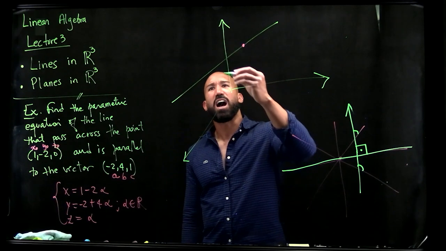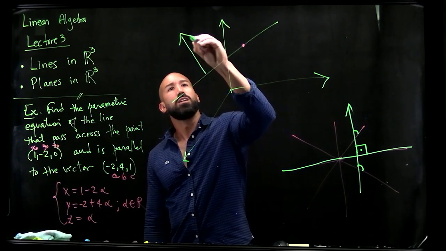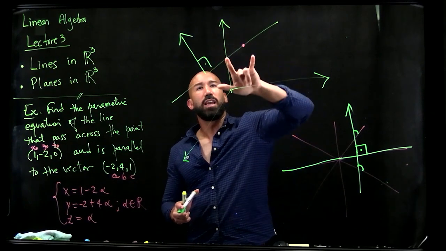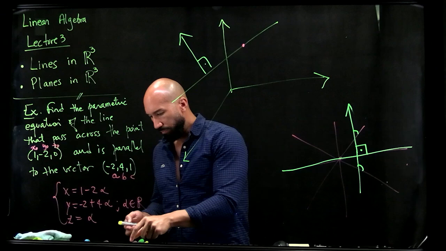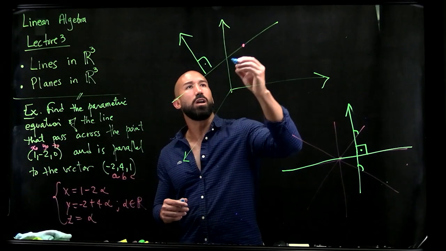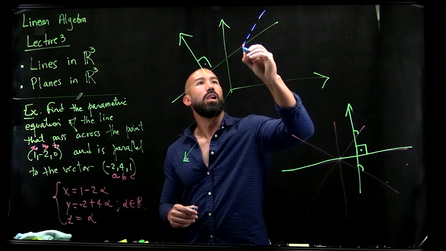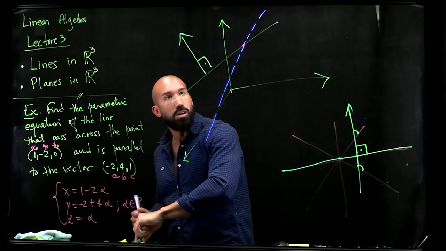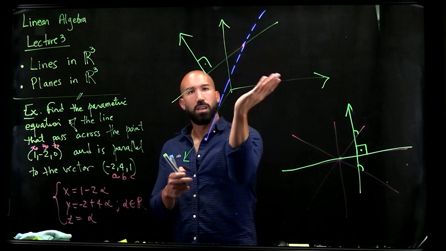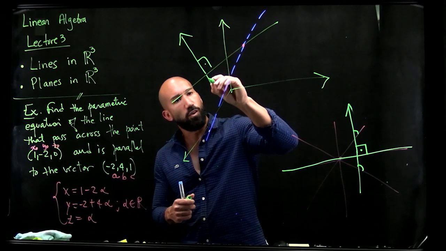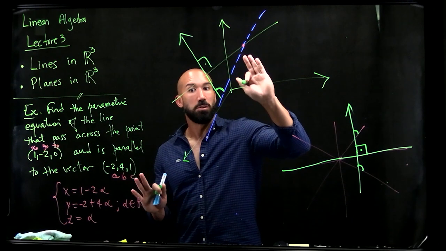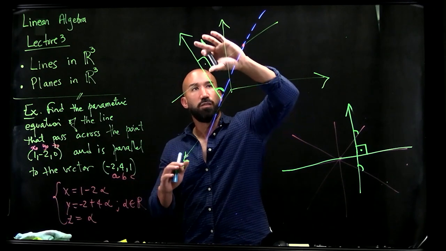What happens if I have an orthogonal vector now? So with one orthogonal vector in R3, we cannot move the line this way, because if I move the line this way, the angle that this line is forming with my vector is not 90 anymore. You see? So it seems that this fixes my line.